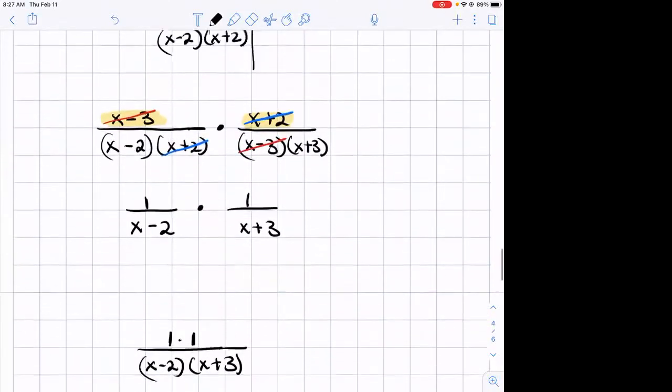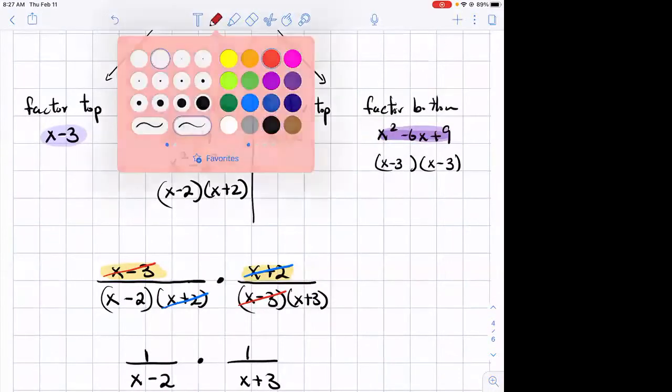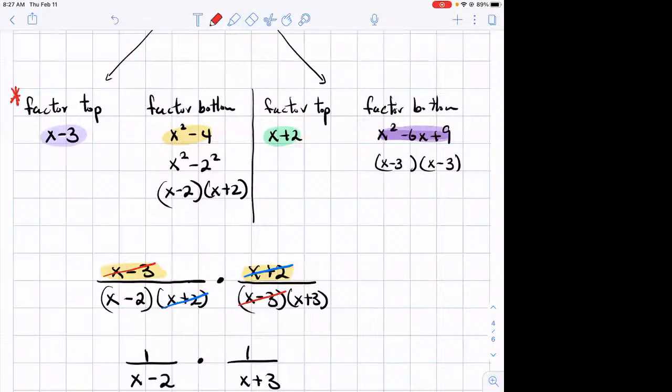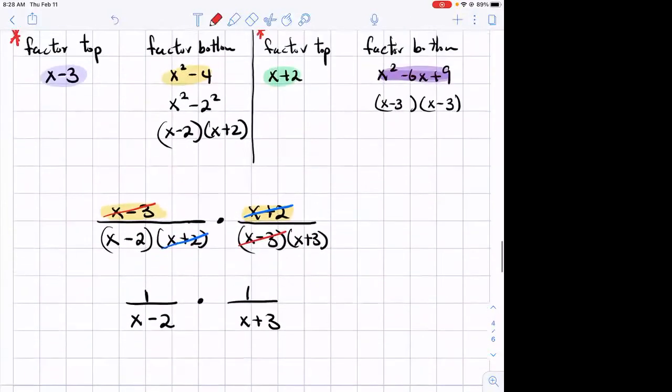As you see here, the factoring is the whole idea. Now, this step here was just a scrap work step to show you what I'm doing, but you can also do this in your work so you see what you're doing. Once you master this, you'll probably be able to do the factoring in your head. But if this is new to you, I would suggest that you write each part out individually.